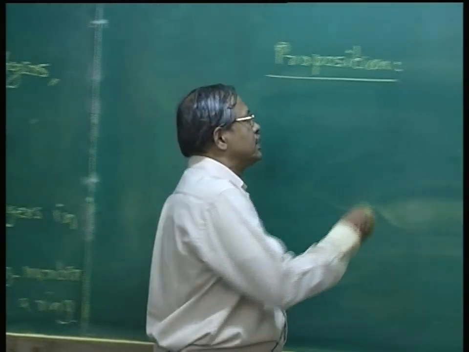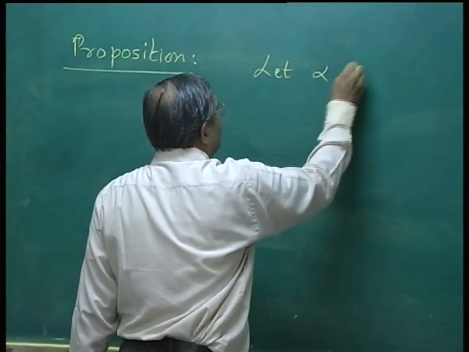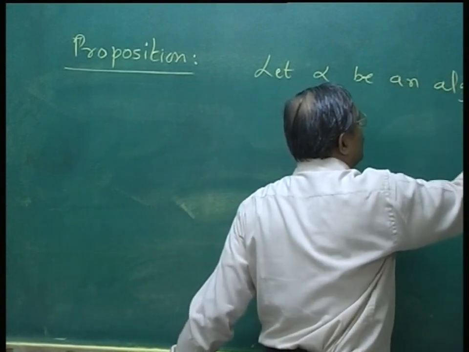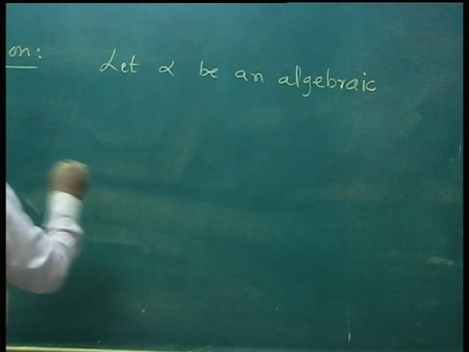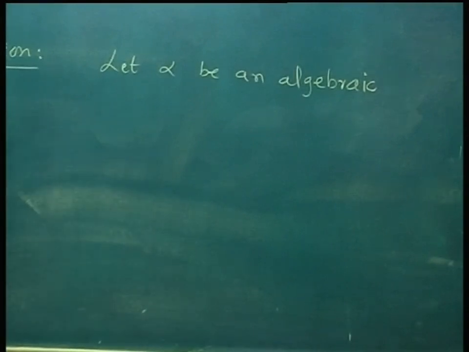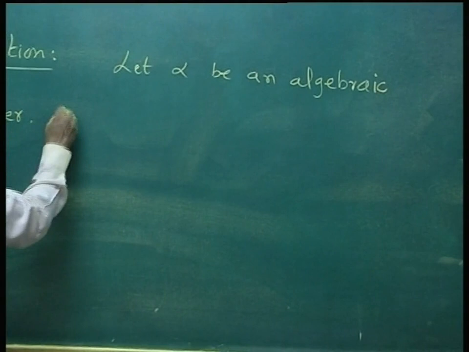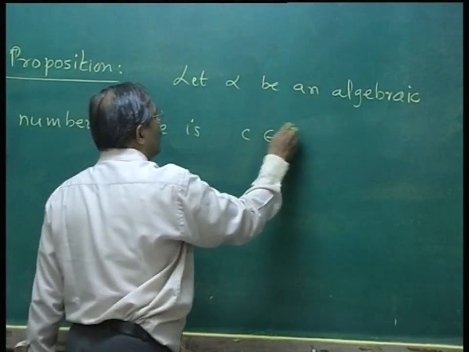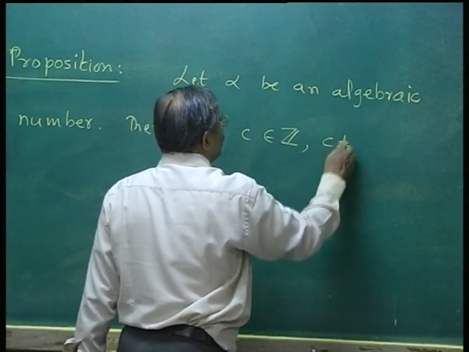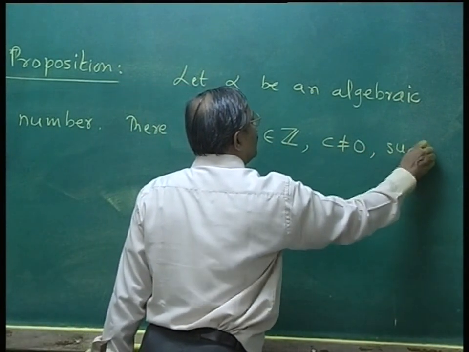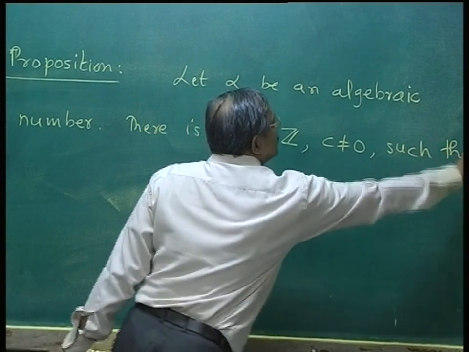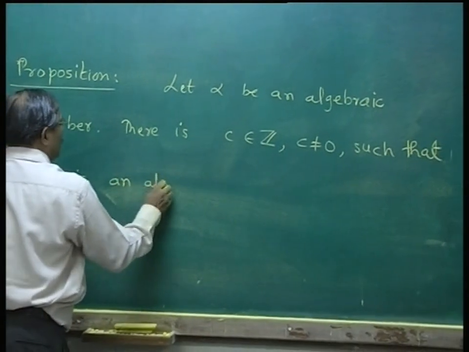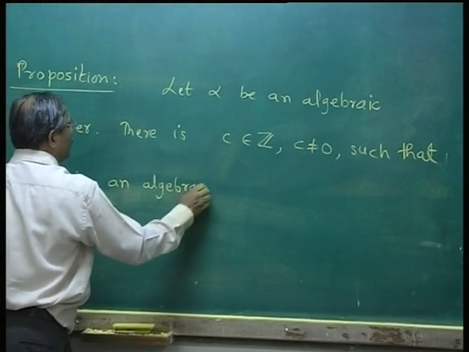This is what this proposition says: let alpha be an algebraic number, then there is c in Z, c not equal to 0, such that c times alpha is an algebraic integer.